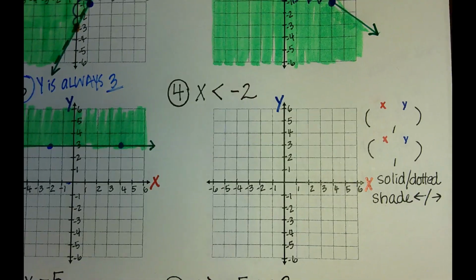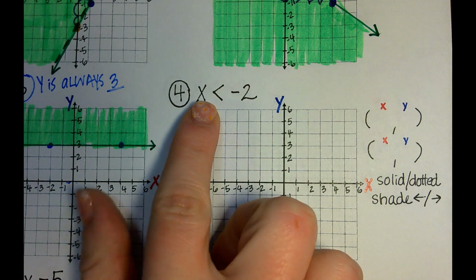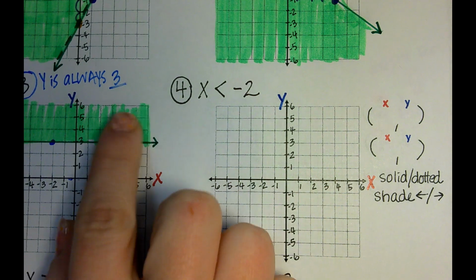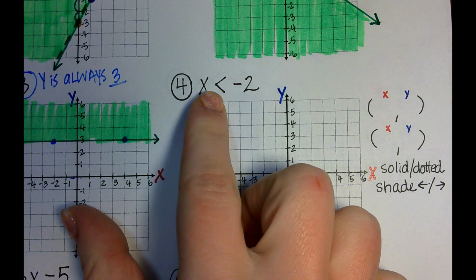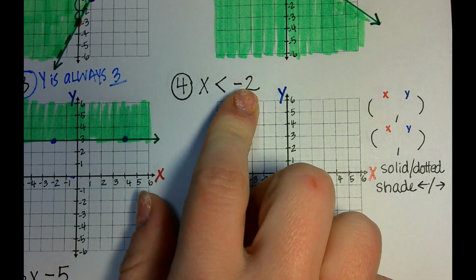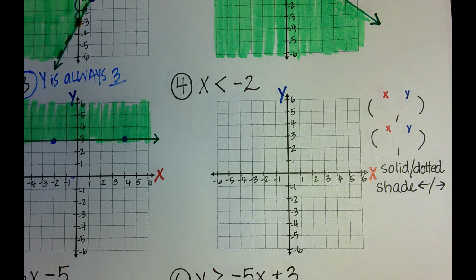So what does that mean whenever we are given an x value instead of y? The x is less than negative 2 is what they tell us. So y becomes any number?